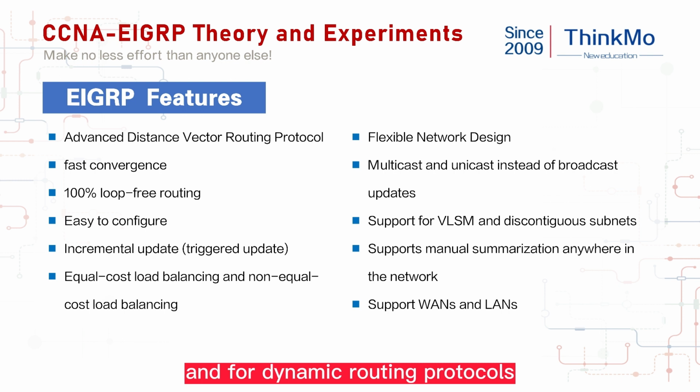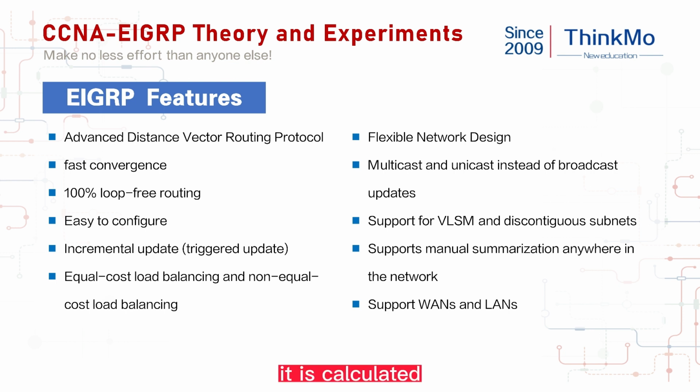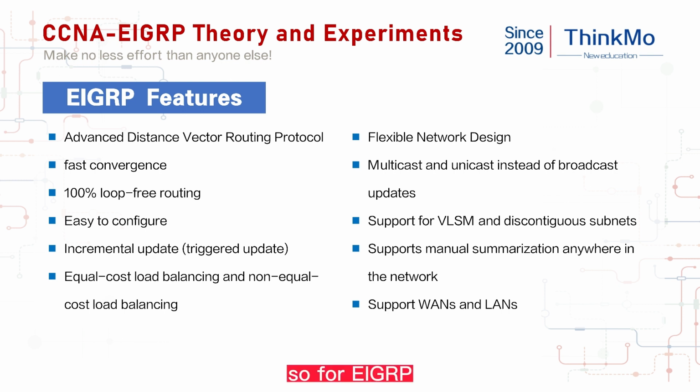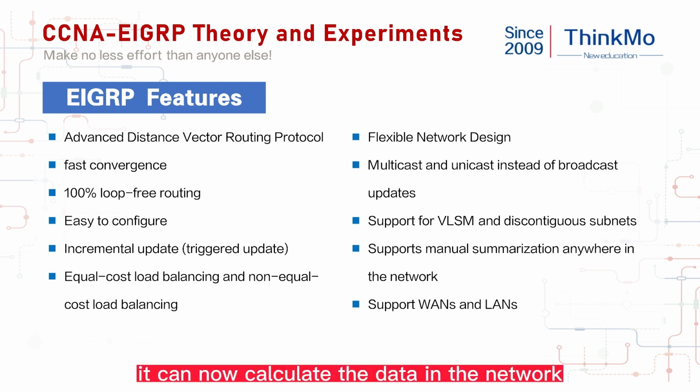For dynamic routing protocols, the backup line is calculated by itself. It works out which one is a backup line. It is calculated, not one of your configurations. So for EIGRP, it can calculate the data in the network.